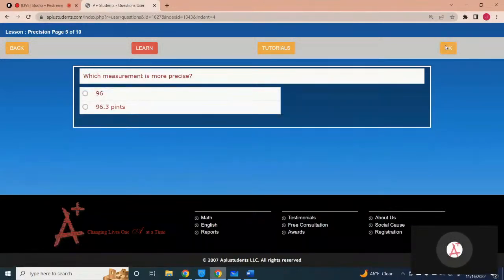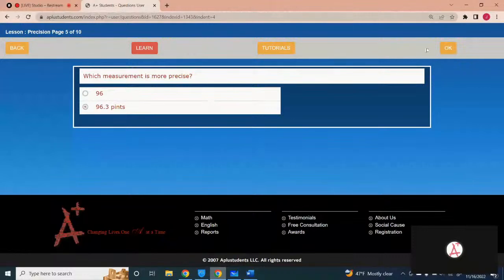Okay, which measurement is more precise, 96 or 96.3 pence? Yes, it is 96.3 pence.